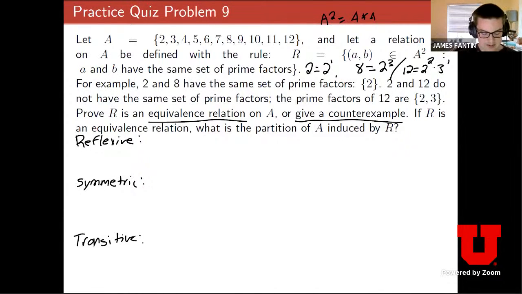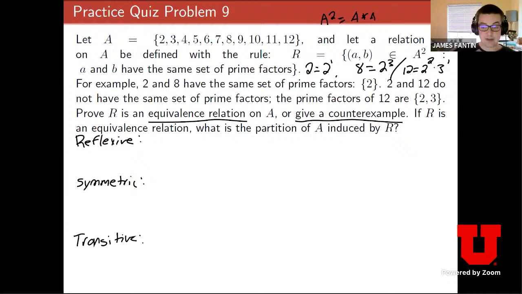So first, for reflexive, do we think that this relation is reflexive? Any thoughts on this? Okay, yeah, so we have some people saying yes, it is reflexive. And right, because what are we putting in the relation? Well, we're putting in all the elements (a, b) that have the same set of prime factors.